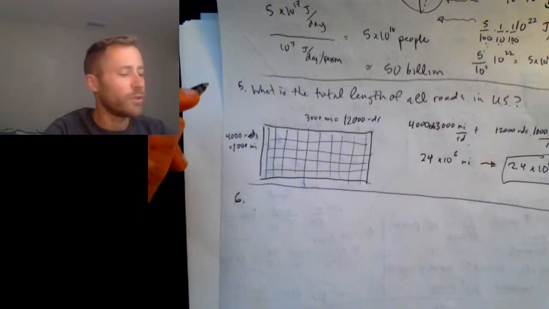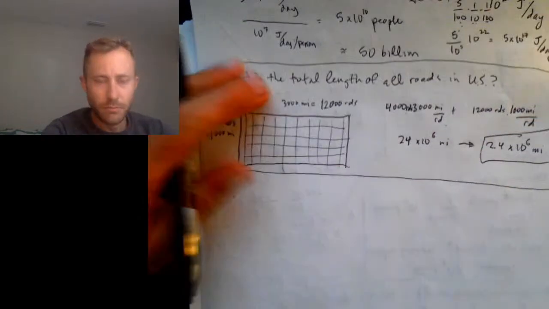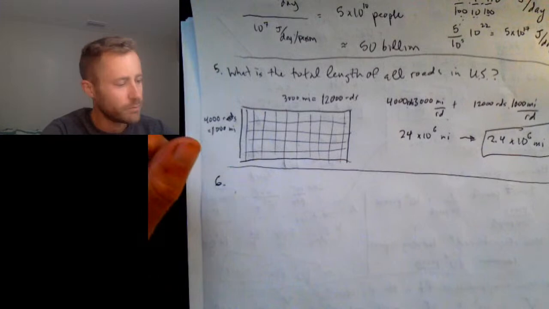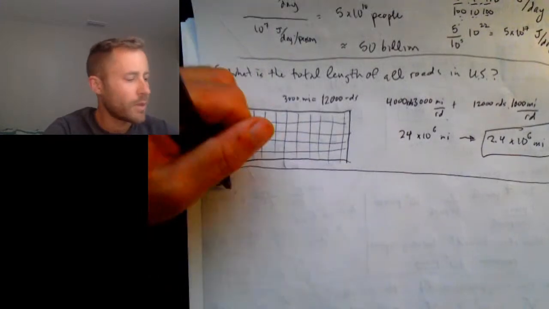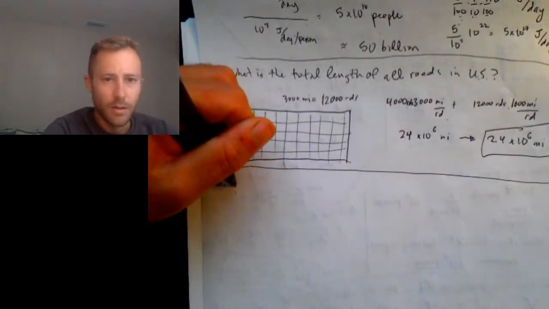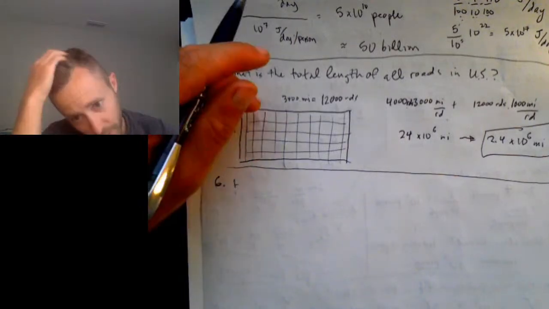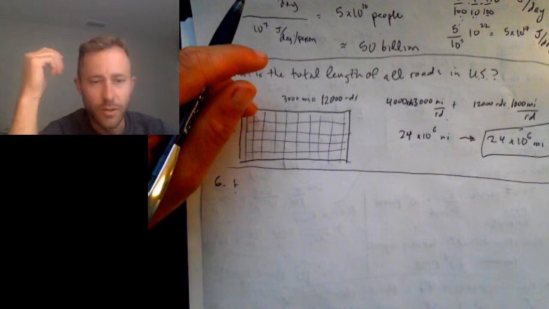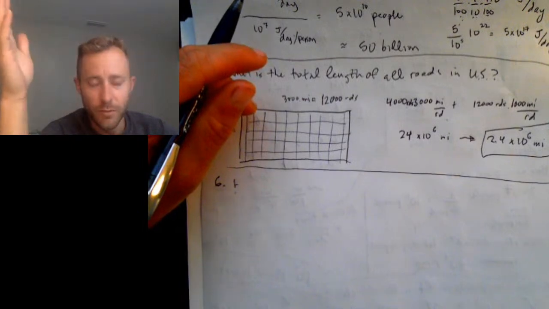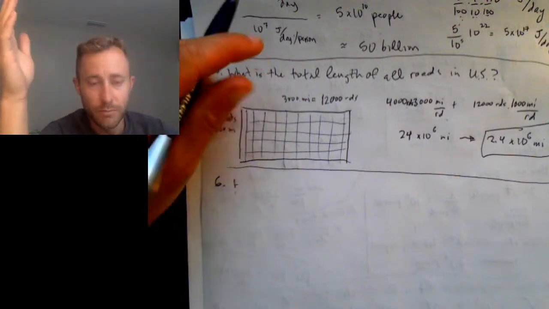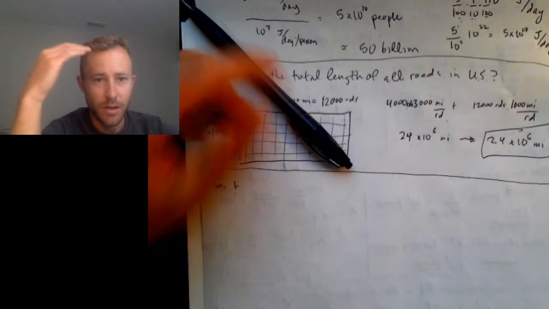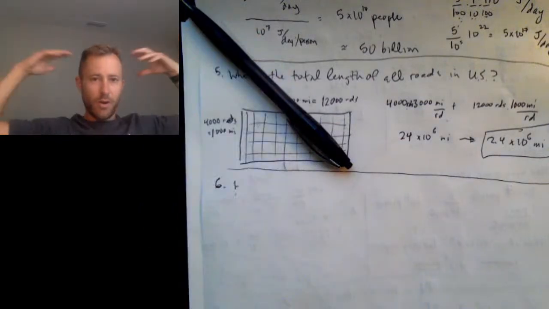Okay, so the last question is this. How long, or how much time? So let's imagine that you could live forever. You were immortal, okay? And your hair just kept growing out, and the hair follicles were also immortal.